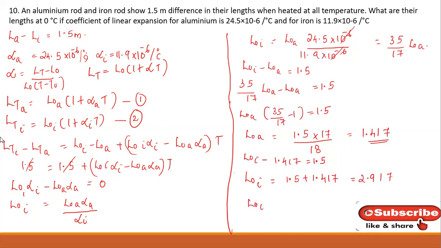So we got L0I is equal to 2.917. This is the answer of L0A and L0I, that is, the lengths of aluminium and iron at 0 degree Celsius.